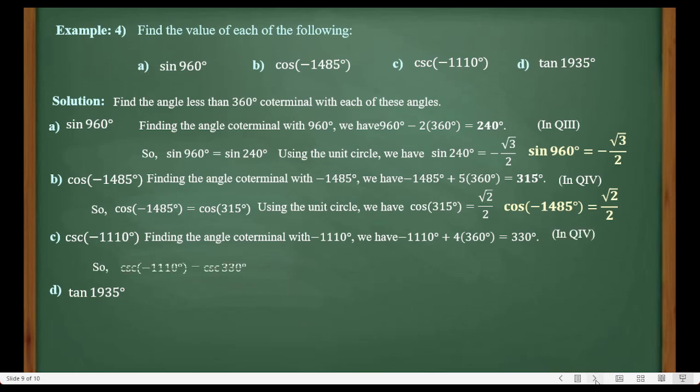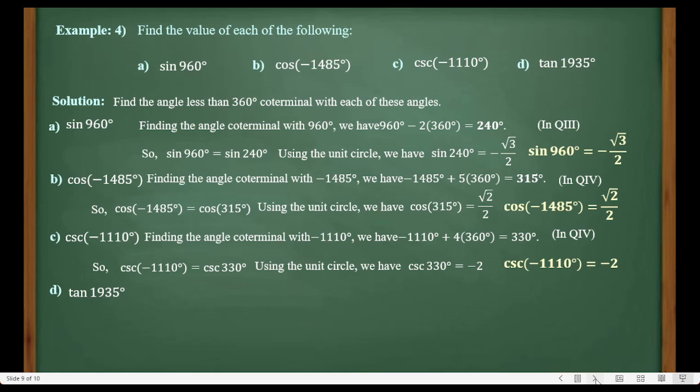Therefore, cosecant of negative 1110 degrees is equal to cosecant of 330 degrees. Again, using the unit circle, cosecant of 330 degrees is negative 2. Therefore, cosecant of negative 1110 degrees is equal to negative 2.